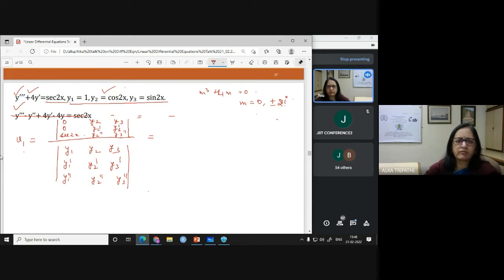Substitute the values of y1, y2, y3 as 1, cos 2x, sin 2x, and then simplify.